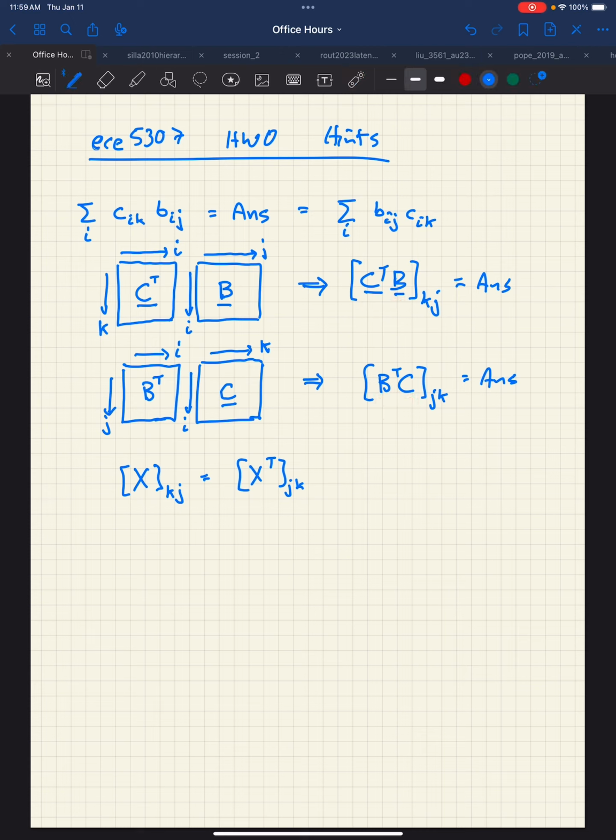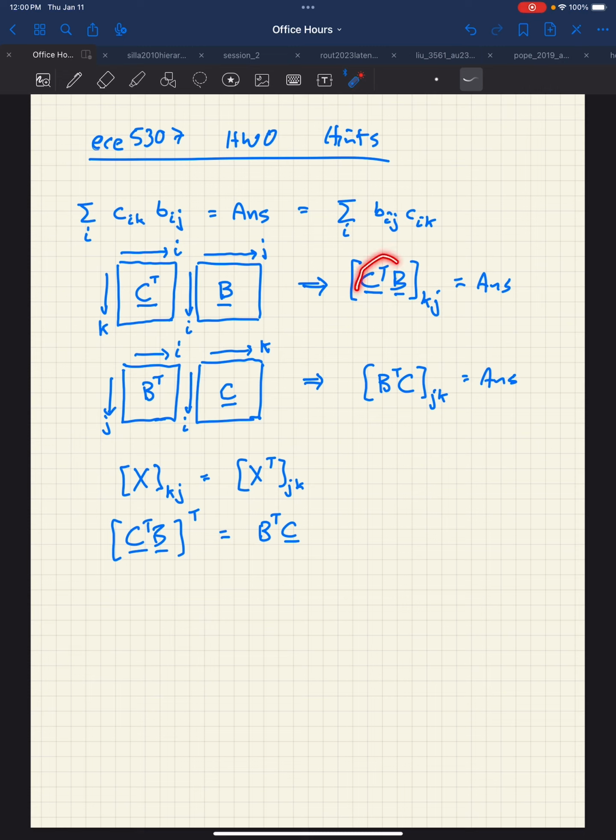So starting here, if C transpose B, let's say that's a matrix, and I want to transpose that, let's remember what happens. When you transpose a product of matrices, two things happen. You transpose the individual matrices, but also you reverse their order. So transposing that gives us B transpose C. And so essentially, we can finally see that this all makes sense.